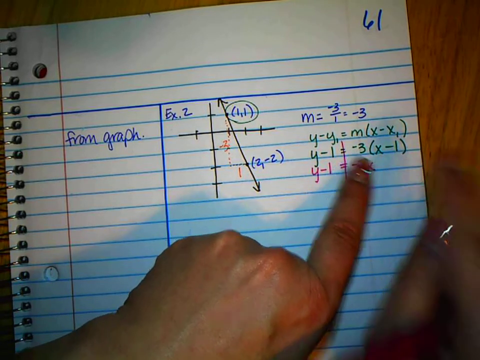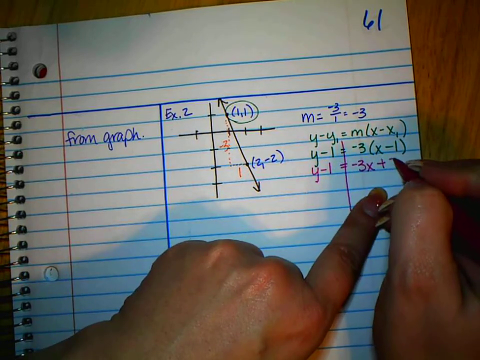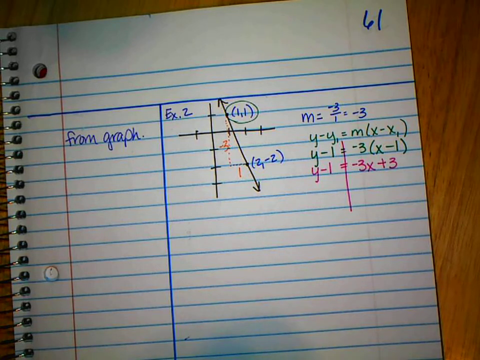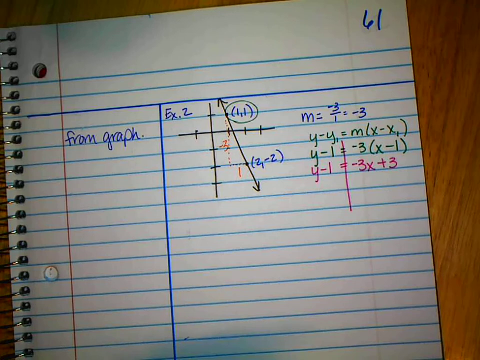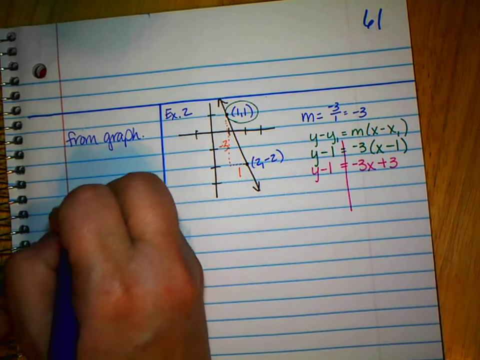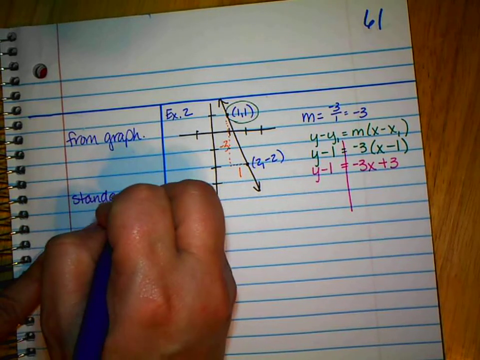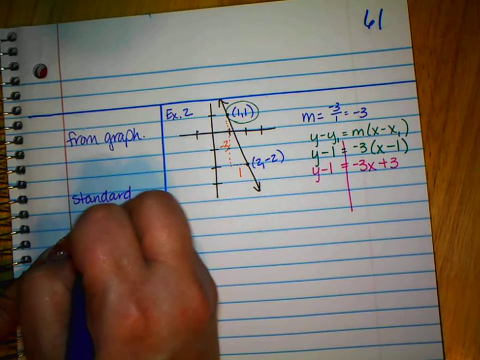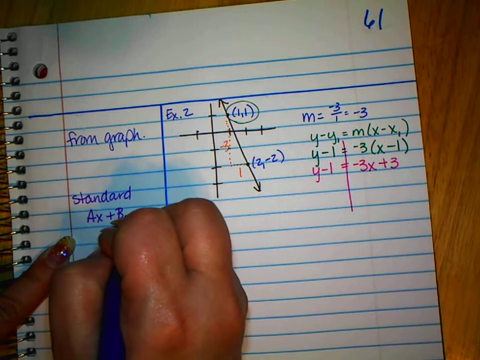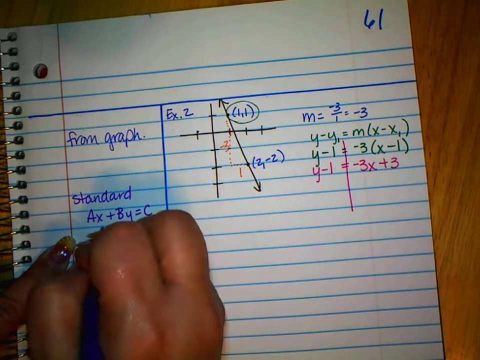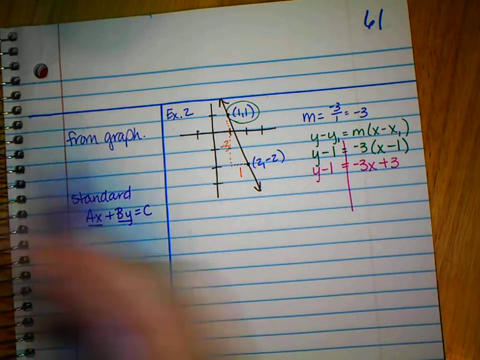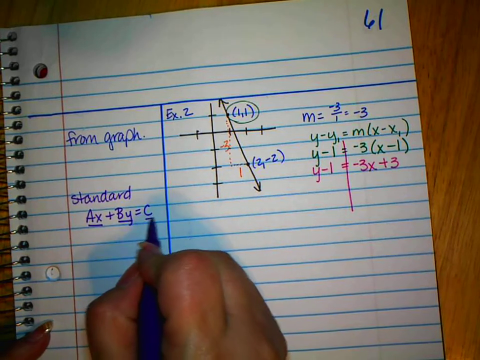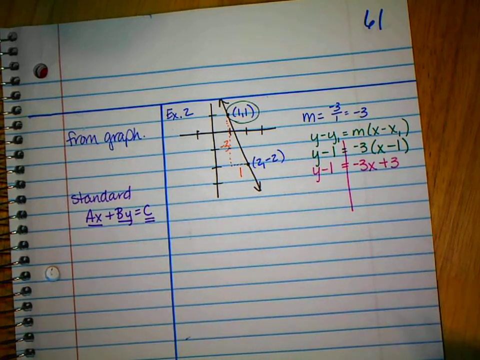Negative 3 times a negative 1 is a positive 3. Now, I'm wanting standard form. Standard, let's remind ourselves, is ax plus by equals c. I have my x and my y on one side of the equal sign and my constant on the other side.